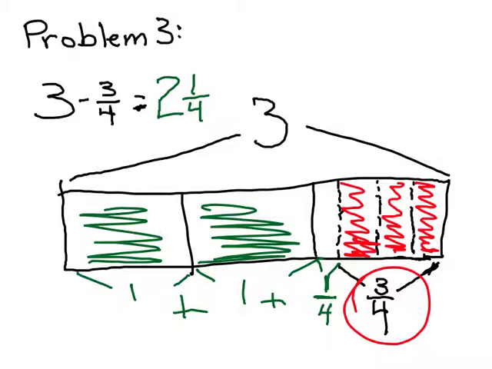So we do that real quick. We had 3, minus 3/4. If we had 3 pizzas and we ate 3/4 of one of those pizzas, this is what we'd have left over. We'd have 1 pizza, 2 pizzas, and 1/4 of the third. So a total of 2 and 1/4 left over.